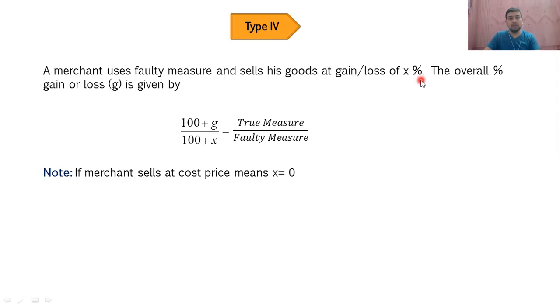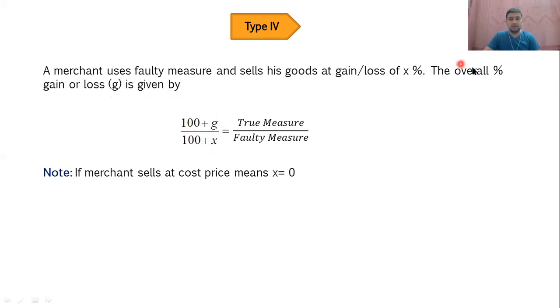By using that faulty measure, he is trying to gain some money, but that is not a good practice. You should always be loyal to your work and to your people. So the overall percentage gain or loss is given by 100 plus g upon 100 plus x.